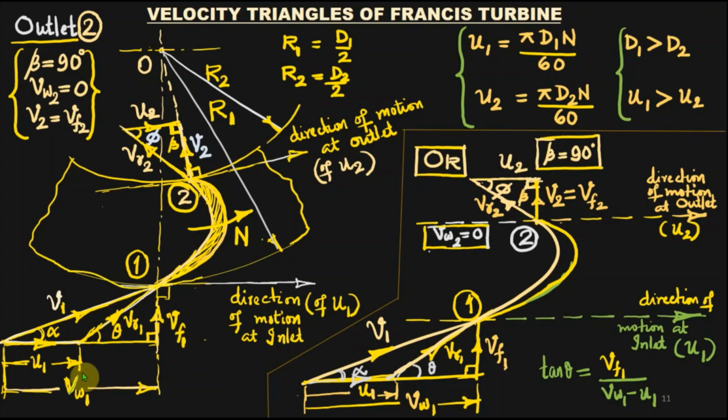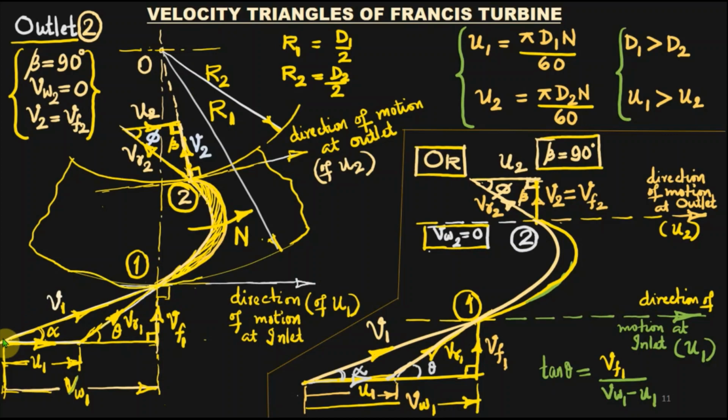We are already familiar with these two components. VW1 is the component of V1 in the direction of U1, which is called the whirl component of velocity at inlet. And the component of V1 perpendicular to U1 is called the flow component of velocity, VF1. Note the directions of VW1 and VF1. So now the inlet velocity triangle is over.